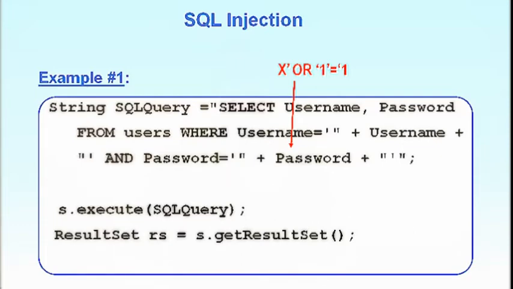Well, 1 equals 1 is a true statement. And if you OR something with a true statement, it makes everything in that statement true. So now password equals true. This means that if the attacker has a good username and password equals true, they could log in as that user without needing to know the password.